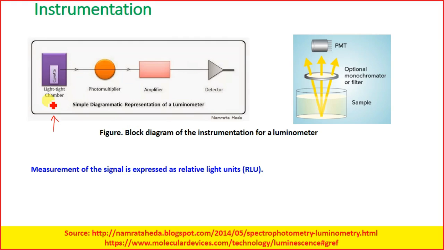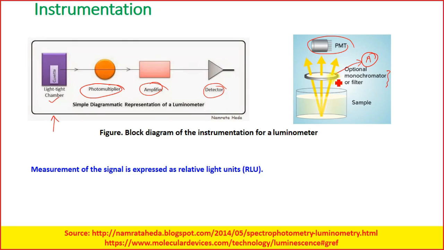So we had this sample chamber, then the photomultiplier tube, then amplifier detectors and then recorders and all these things. In some cases we have also discussed that there may be a monochromator or filters. This monochromator or filter allows you to filter out specific wavelength radiations or visible light to pass through, which can reach the PMT detector.